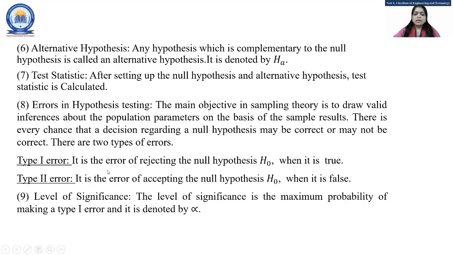Type 1 error is the error of rejecting the null hypothesis when it is true. And type 2 error is the error of accepting the null hypothesis H0 when it is false. The next one is level of significance. The level of significance is the maximum probability of making a type 1 error and it is denoted by alpha.